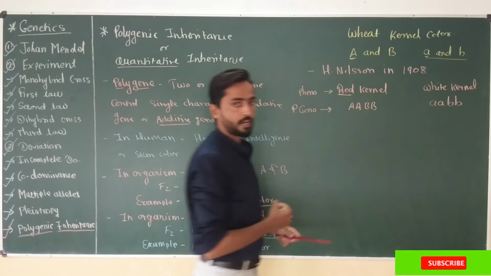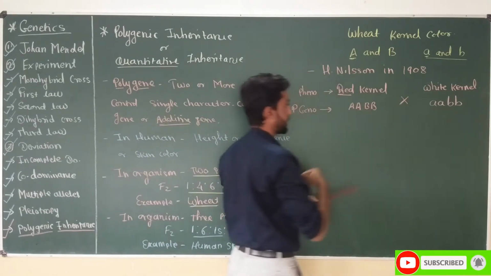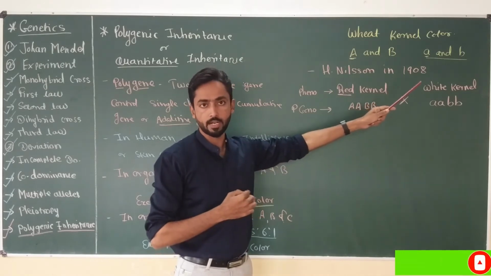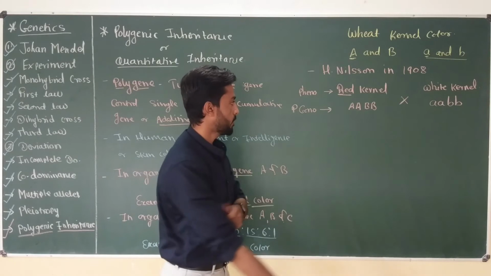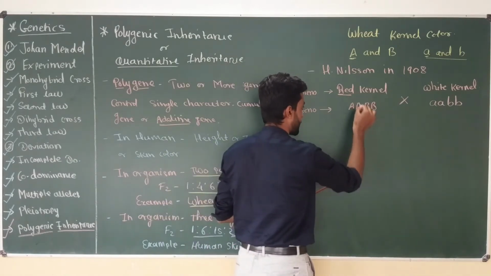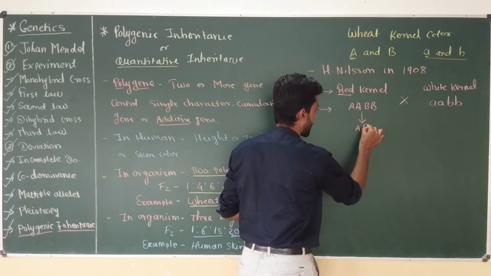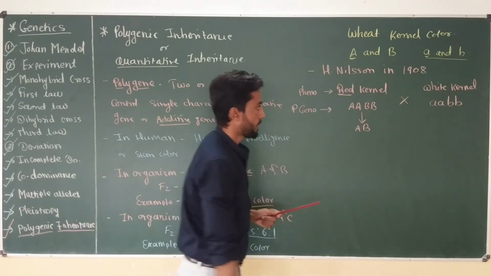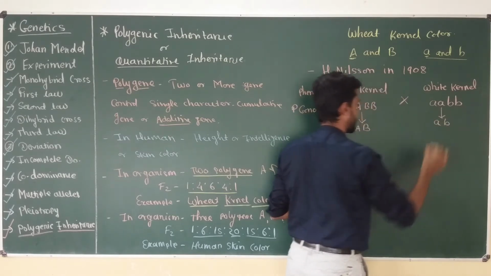Now Nelson crossed these two varieties, the red kernel variety with the white kernel variety, by using the standard 3-step protocol of Mendel. Now we know that this red kernel variety will produce gamete capital A, capital B, while the white kernel variety will produce gamete small a, small b.